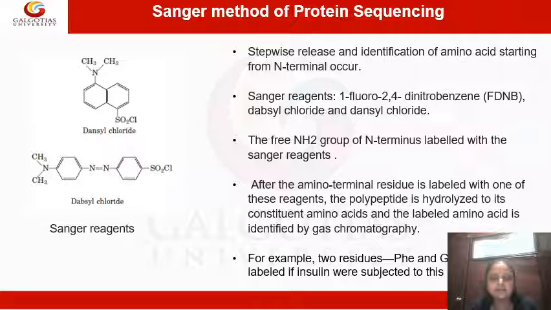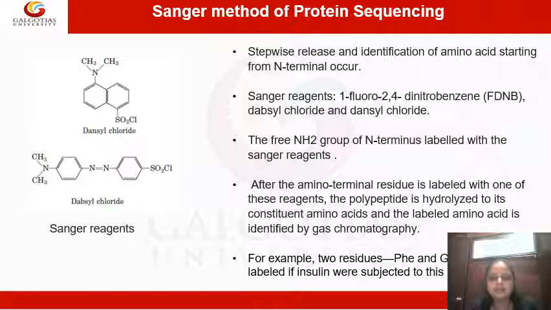In this method, the free amino group of the N-terminal is labeled with the Sanger reagent. After the amino terminal residue is labeled with one of these reagents, the peptide is hydrolyzed to its constituent amino acids and the labeled amino acid is identified.